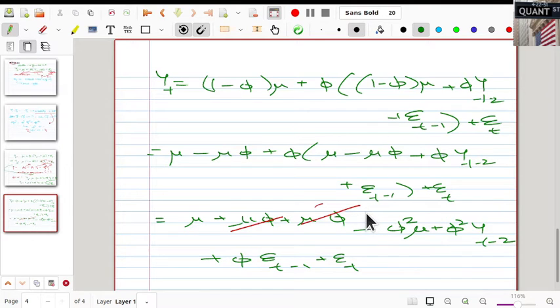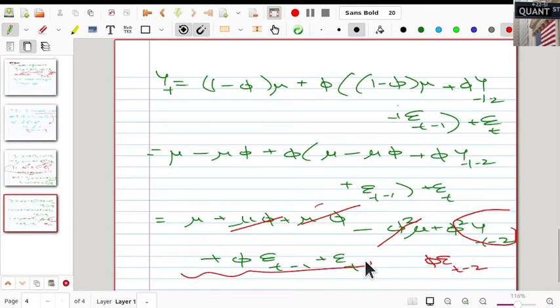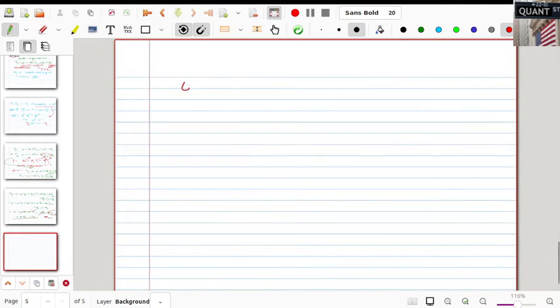And we can continue this further, expanding for yt minus 2 with yt minus 3, and when we do that expansion, this term gets cancelled out and we have some additional terms with something like phi epsilon t minus 2, and so this can be generalized to a simplified form.